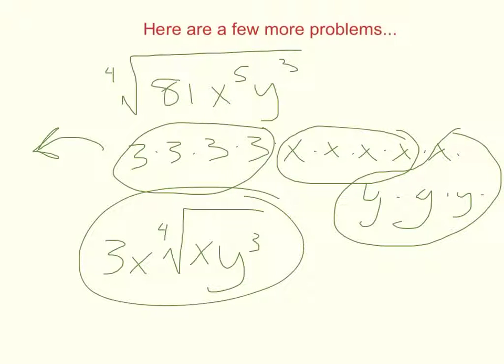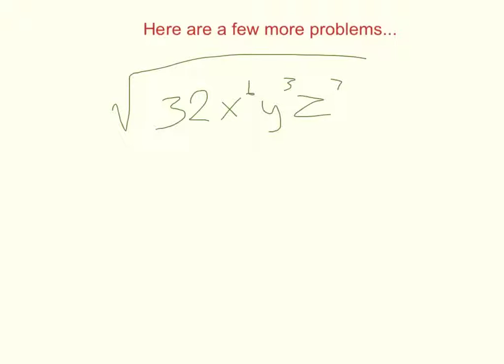Okay, let's try another one. This one gets a little crazy. So we've got 32x to the 6th, y to the 3rd, and z to the 7th. And that's going to be under the fifth root. So the fifth root of 32x to the sixth, y to the third, and z to the seventh. So we're going to break it all down now.